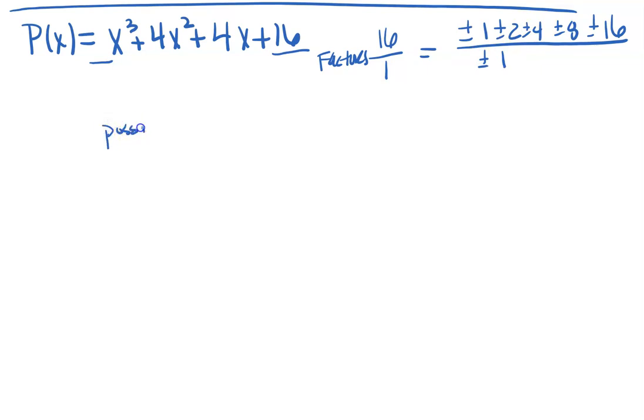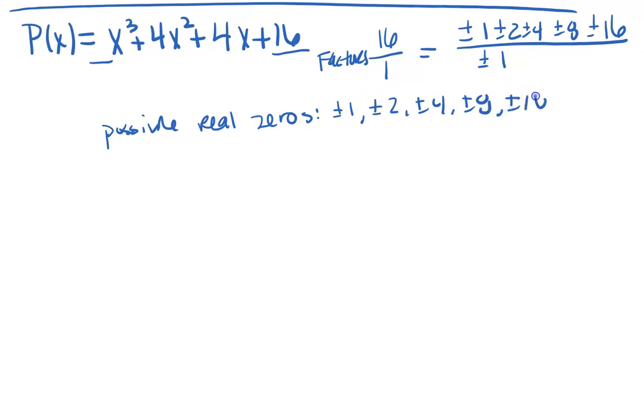So my possible real zeros for this polynomial would be 1, 2, and so on. You're just dividing everything on top by what's on the bottom, and it gives me these options.